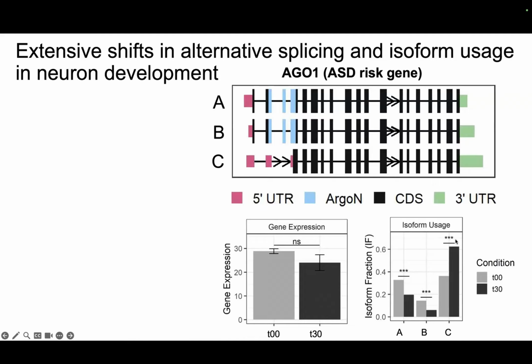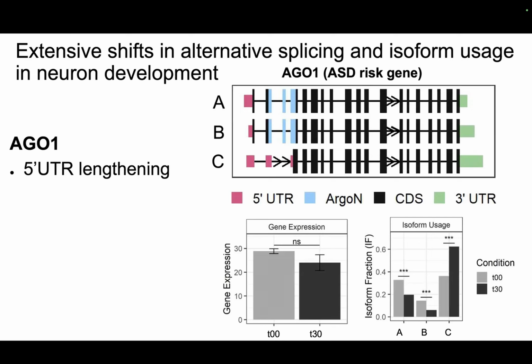And so this is an example of an isoform switching event where in the neuron time point, most of the isoform usage is isoform C. So then looking in detail at the changes here, and thinking about the structure, what these different transcripts do.